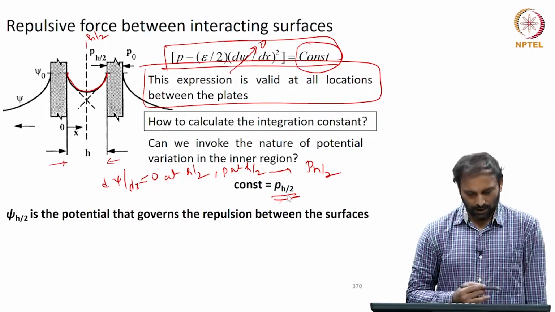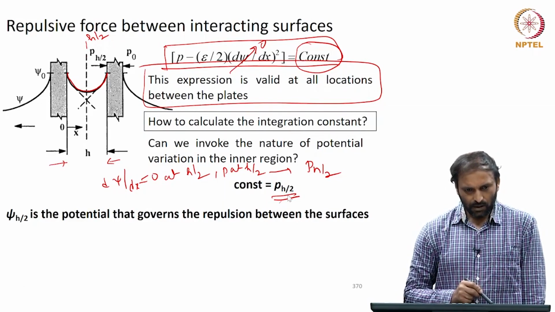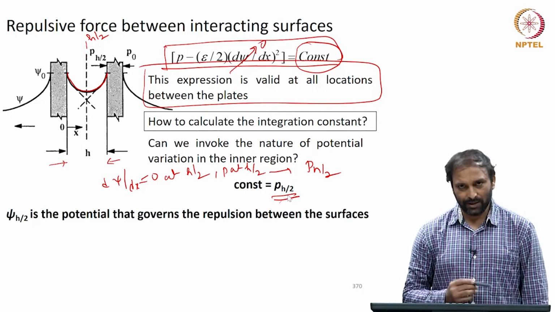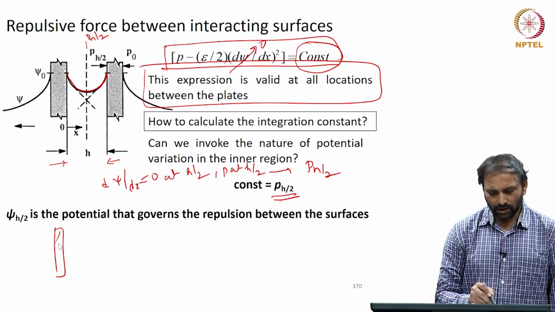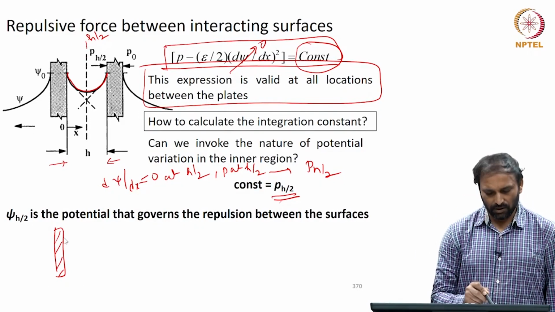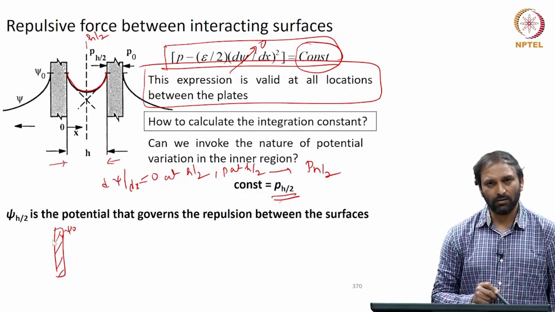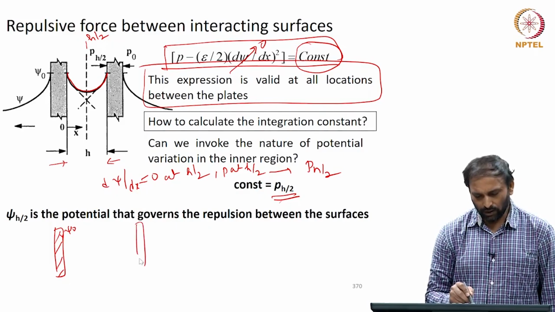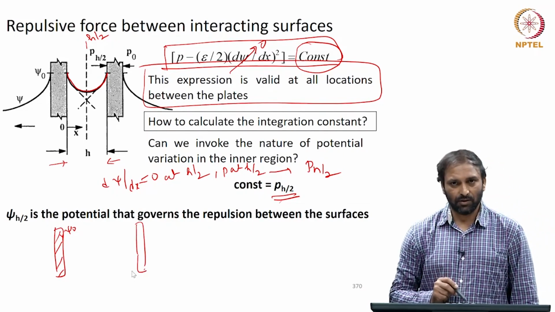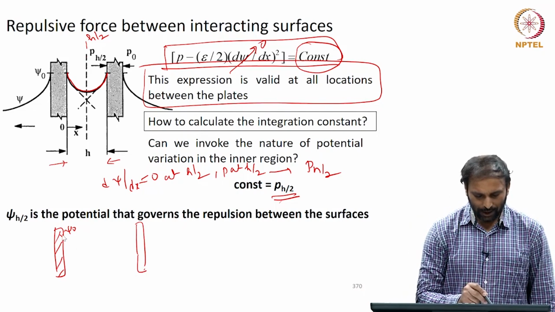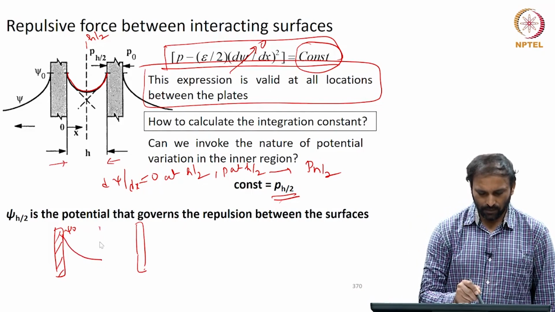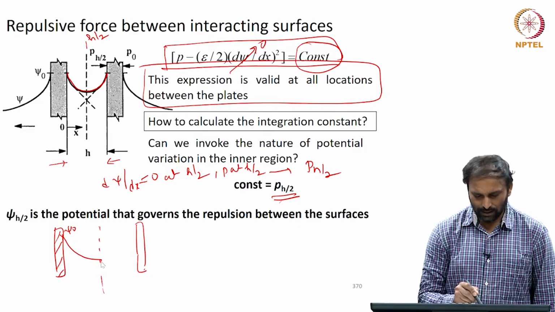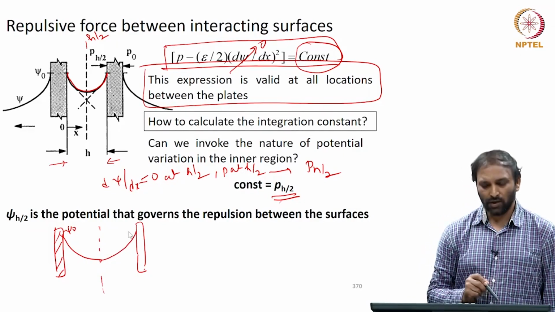Now, if you look at the overlapping electrical double layers, even though the surface potential is psi naught, when the overlap occurs, let us say that this is the potential with respect to one plate, and say that this is the potential with respect to the other plate.